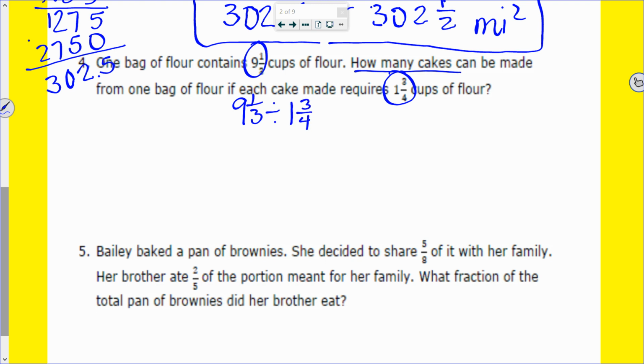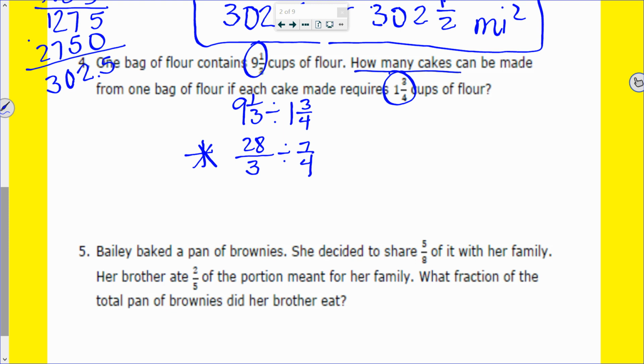So to solve this, first step you need to do is convert your mixed numbers to improper fractions. 9 times 3 is 27, plus 1 is 28. So this becomes 28/3 divided by 7/4. This step right here is the most crucial and critical step, and it's the most frequently skipped step by you guys. Okay?